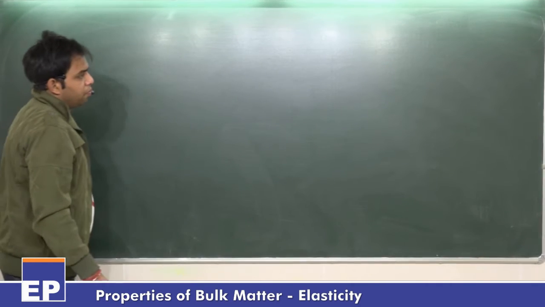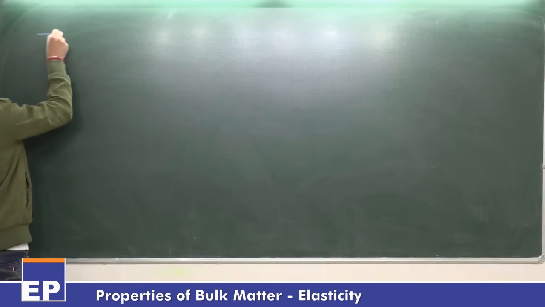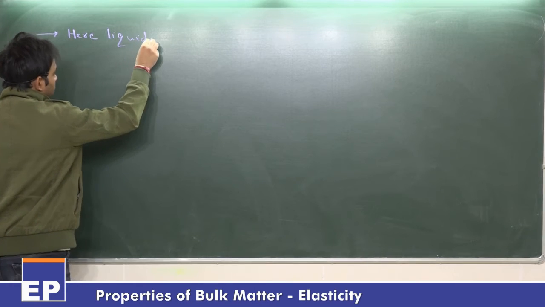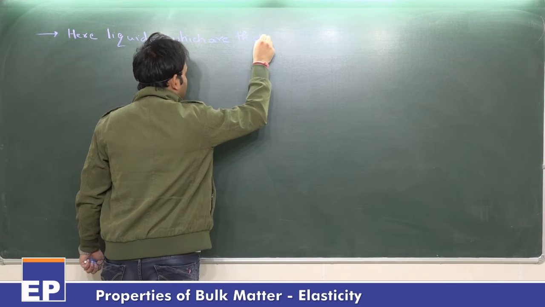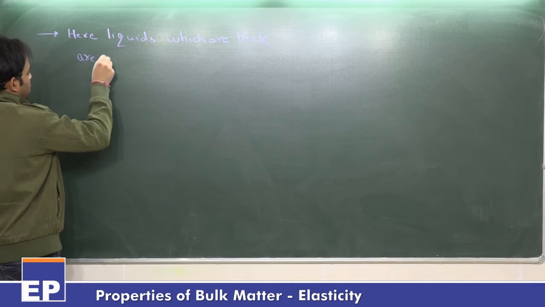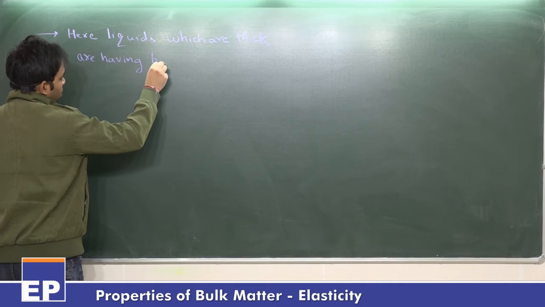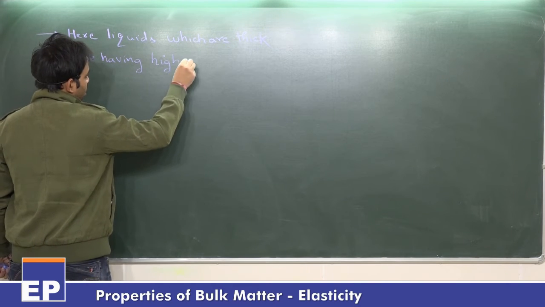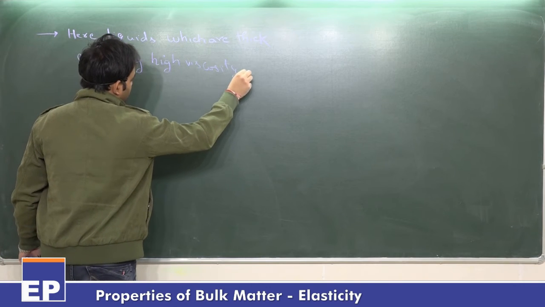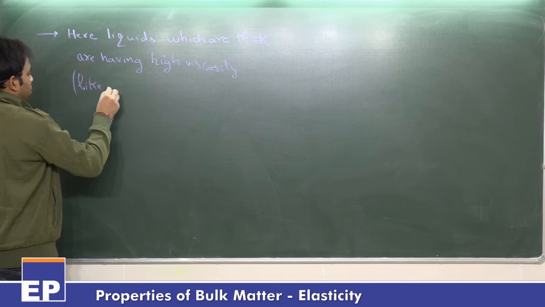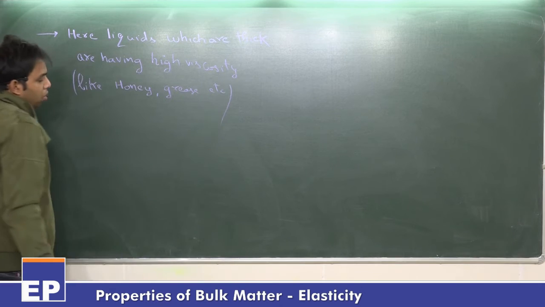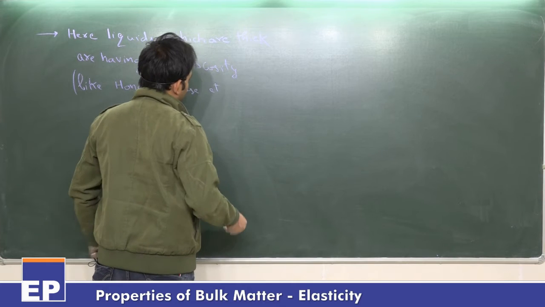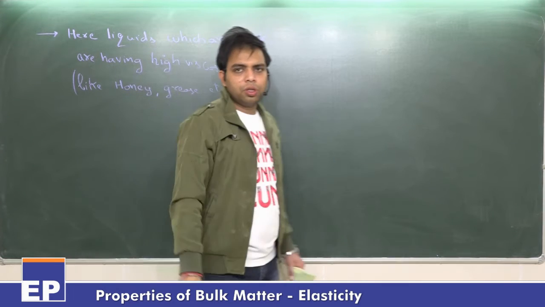Here, विस्कोसिटी किनकी ज्यादा होगी? Liquids which are thick are having high viscosity, like honey, grease, etc. So these things will have high viscosity.